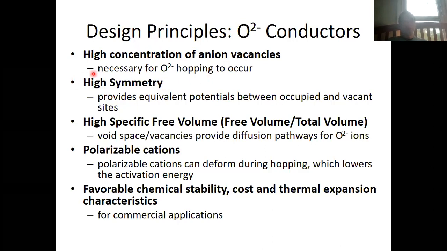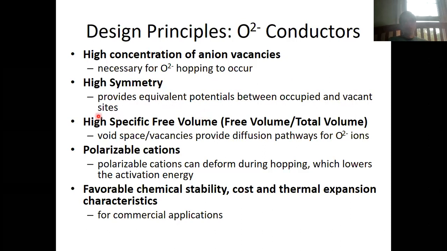We'd like to have a high symmetry and ideally a 3-dimensional framework that allows for 3-dimensional ion conduction. And the high symmetry also more likely provides equivalent potentials, energies between the occupied and the vacant sites.